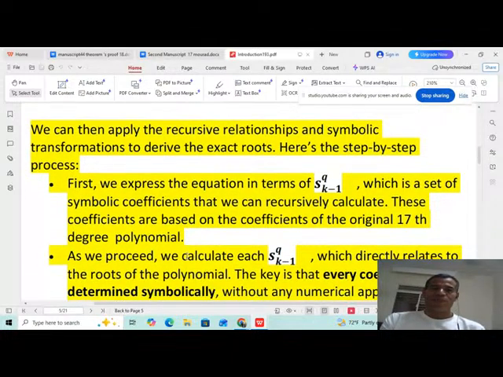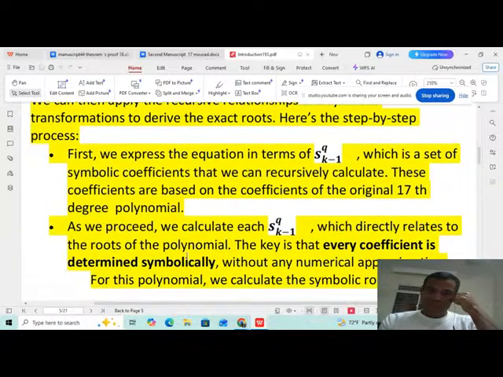First, we express the equation in terms of S k minus 1 for the cube, okay, because these S k minus 1 for the cube will give you the new coefficient of the new 19th degree polynomial equation relative to the original 19th degree polynomial equation, okay, which in fact is a set of symbolic coefficients that we can recursively calculate. These coefficients are based on the coefficient of the original 19th degree polynomial equation.